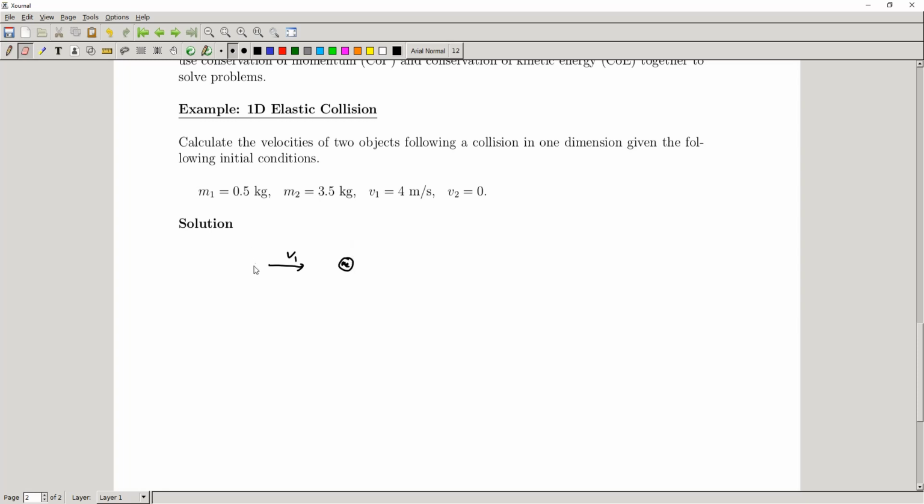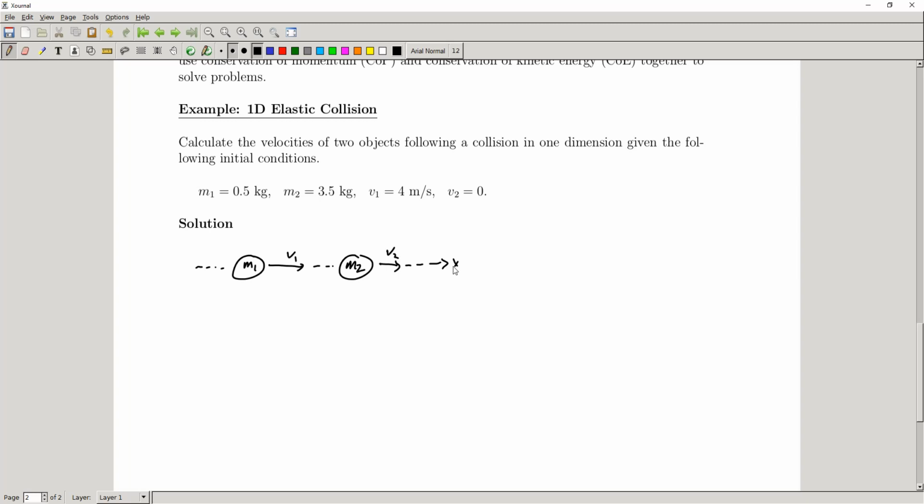Maybe I drew these too small. So m1 is going to smash into m2 because v2 is 0, so this object is really just sitting here, and v1 is non-zero, so they're going to smash into each other. We're again looking in one dimension here, so only along the x-axis, okay?